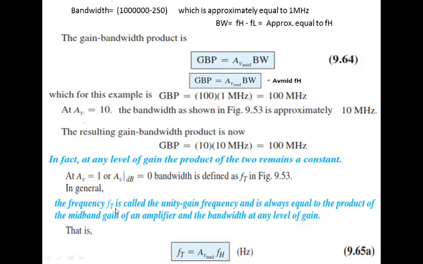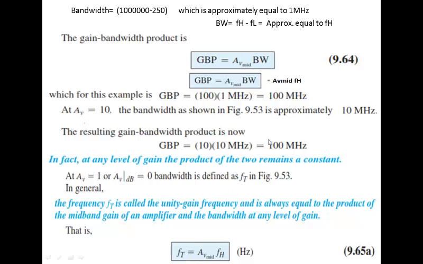The frequency fT is called the unity gain frequency, and it is always equal to the product of the mid-band gain of the amplifier and the bandwidth at any level. So fT is equal to AV mid into bandwidth, which in this case is 100 megahertz. So fT would be equal to gain into bandwidth, and it would always remain constant.